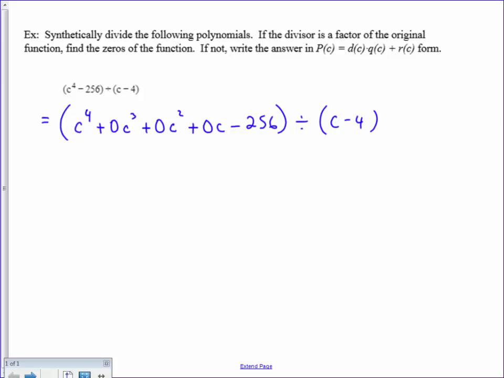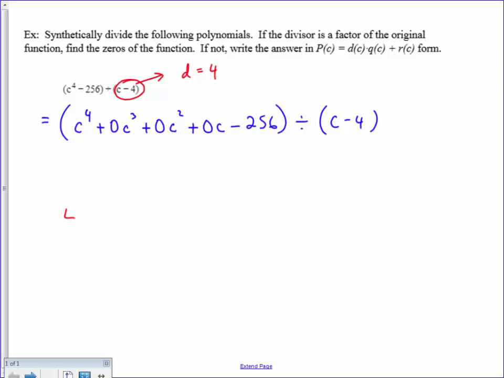Also in this example, I think they're trying to confuse you because they've used c as the variable. Well, in synthetic division, we use c to represent the value that we're dividing by. So in this case, let's say instead of calling it c, we call it d for divisor. So our d value would be the value that would make that particular polynomial 0. It would be 4.